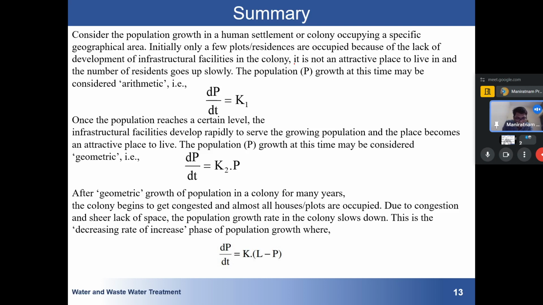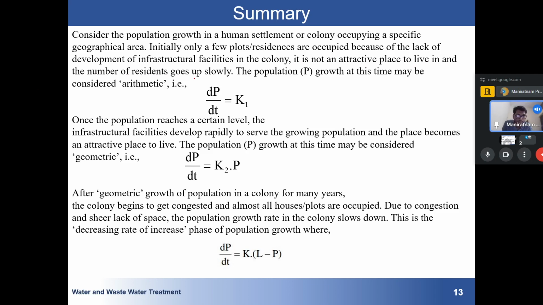So obviously people will start slowly. Sometimes this is also called the lag phase, because people start adjusting themselves in that area. It is not an attractive place to live in, and the number of residents is low. Now what will happen is that suddenly the population will start growing.